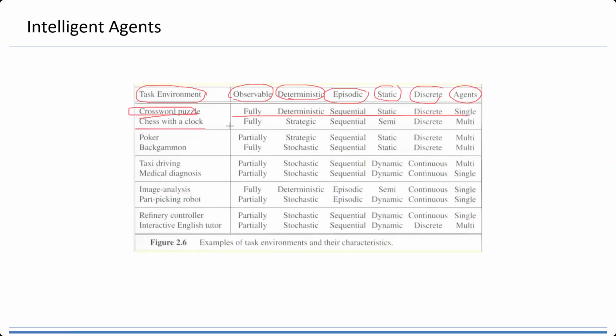For a chess with a clock, this is the definition. For the poker game, this is the definition. For the backgammon, this is the definition. For the taxi driving, medical diagnosis, image analysis, part picking robot, the binary controller, and the interactive English tutor, you can refer to this one.